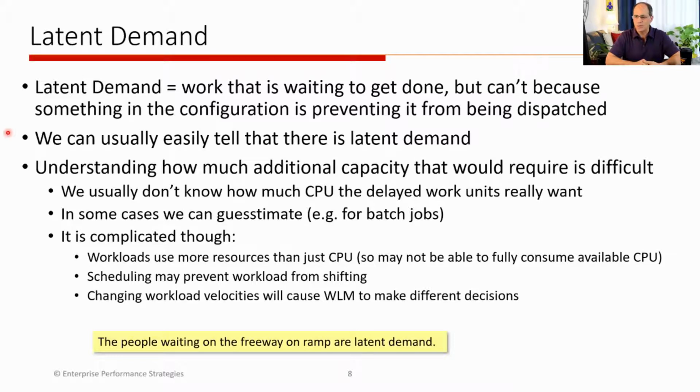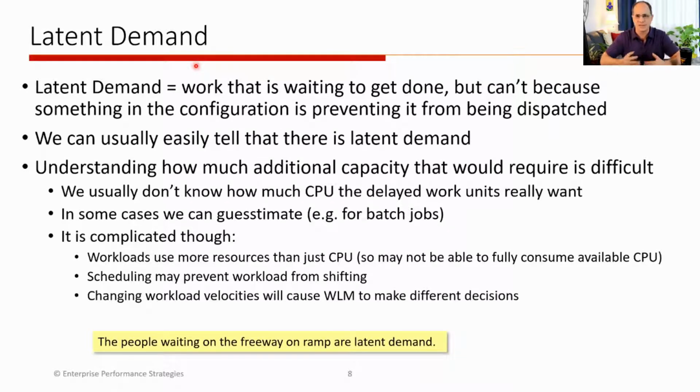But also, as it says here, workloads use more resources than just CPU. So we tend to focus a lot of times on CPU, where latent demand can also be due to other sorts of resources. In this presentation, I'm really focusing on CPU as the factor in latent demand.